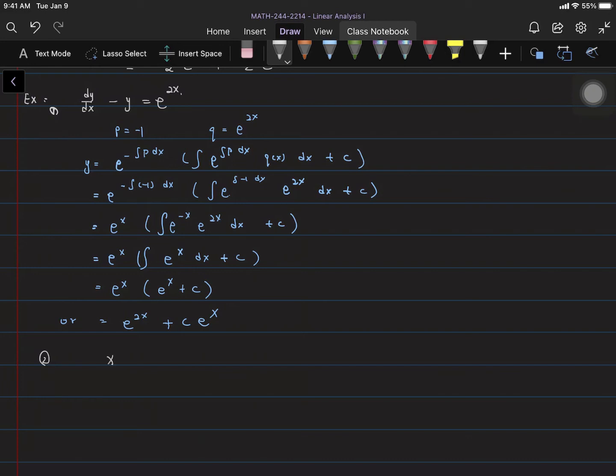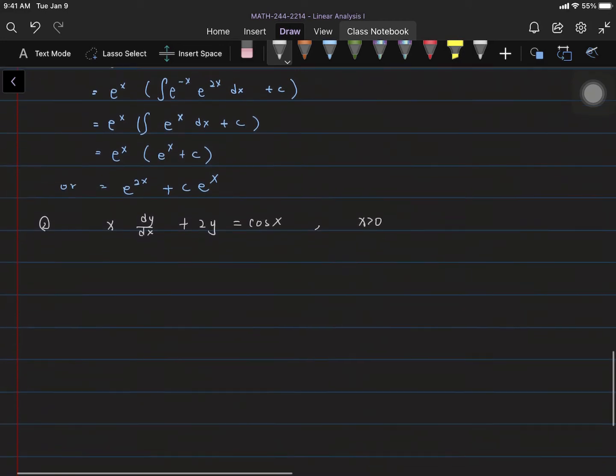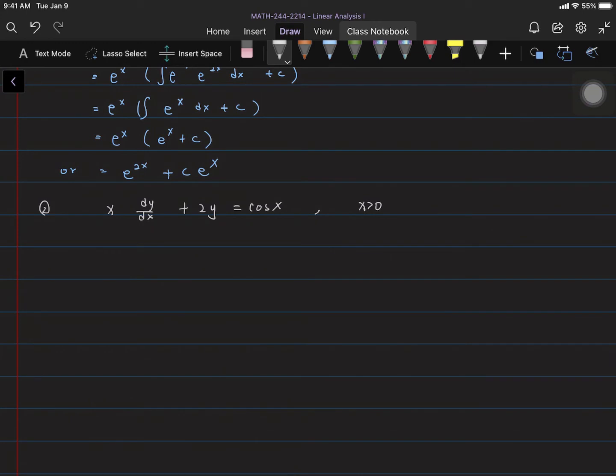Let's take a look: x dy/dx plus 2y equals cosine x, where x is greater than 0. Firstly, when we take a look at this differential equation, be careful whether this is standard form or not, because we need to find our P and Q, right? If P and Q are wrong, definitely we cannot find the right answer.